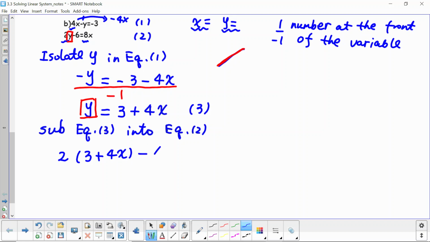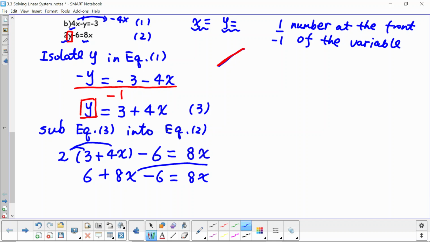Then minus 6 equals 8x. You will see you have only one variable in this equation. Then get rid of the bracket. So 2 times 3 gives you 6, 2 times 4 gives you 8x. Minus 6 equals 8x. Then we are going to move the 8x to the other side.